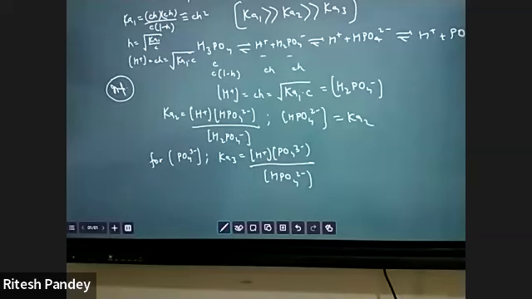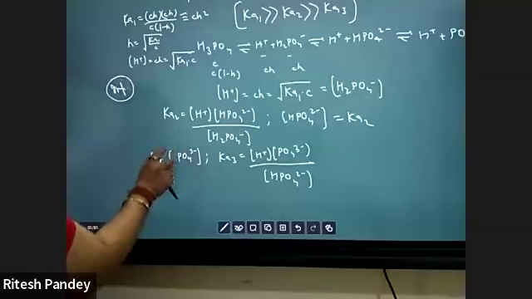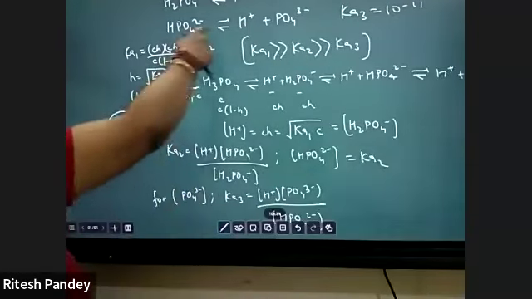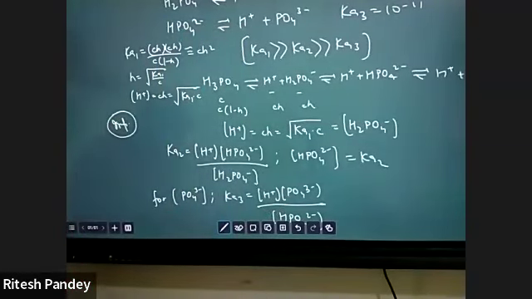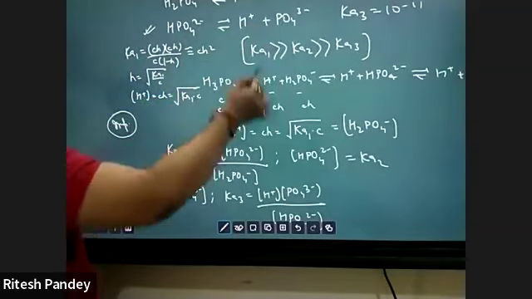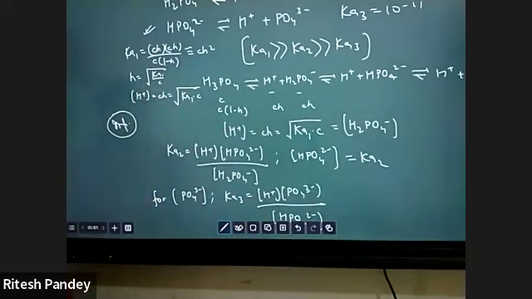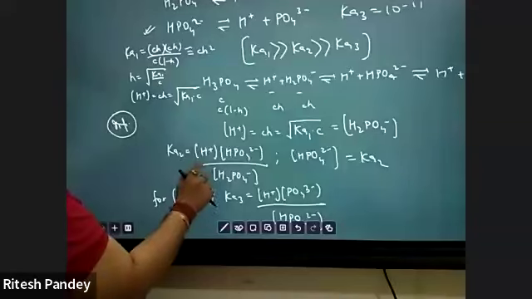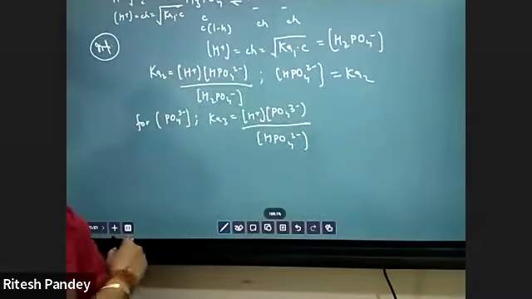Yes or no? This K3 is obviously a result of the third step of loss of H plus. Simple. Product by reactant. Yes or no? Yes, we can move on.